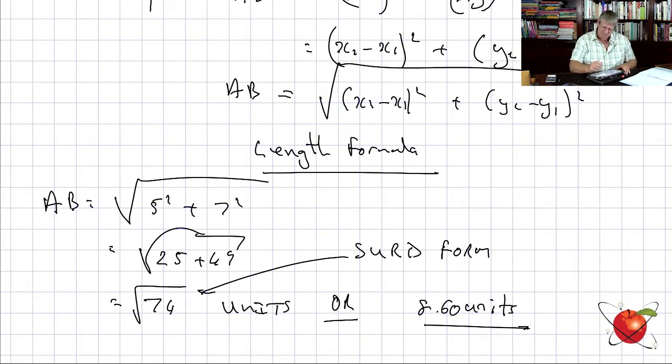Okay? Now, guys, all I say to you is if you're doing lengths of various lines on shapes, take your pencil and label x1, x2, y2, y1. Do the subtractions according to the formula and put them in brackets, because of the negative signs, all right?